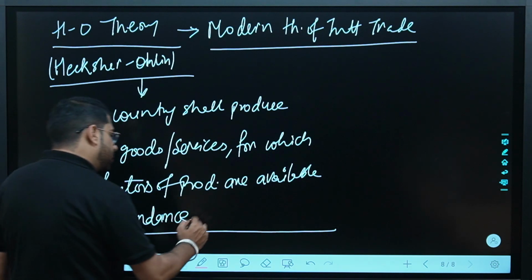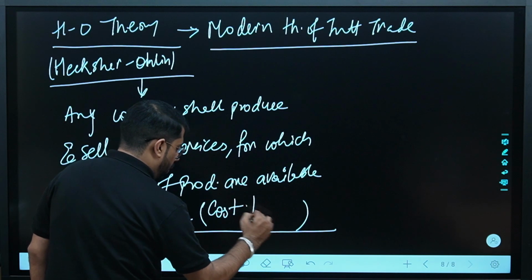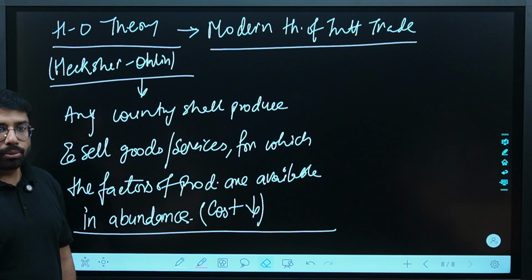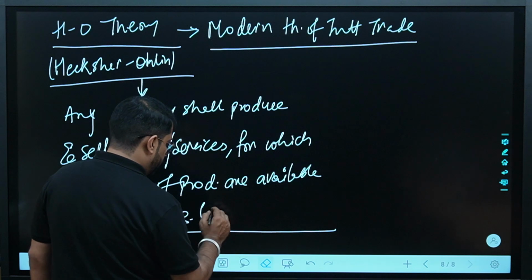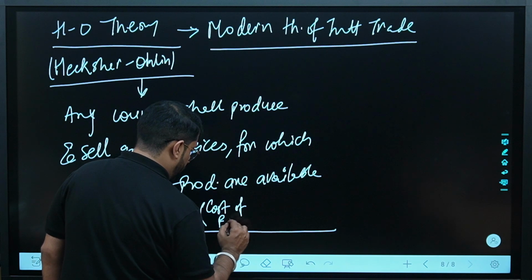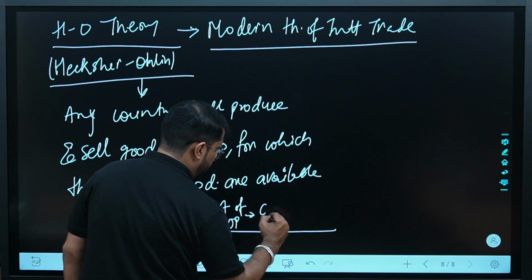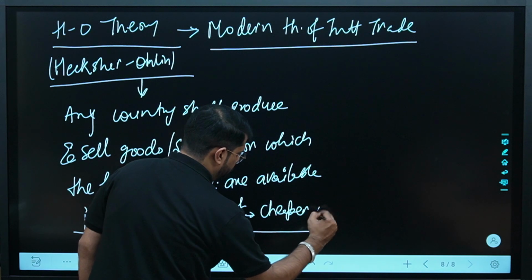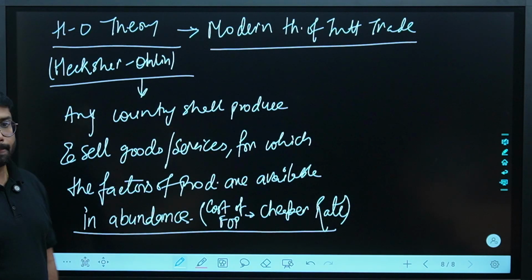Because when the factors will be available in abundance, cost will be less, it will minimize, because those factors will be cheaper. Let us write like this: because the cost of factors of production will be less, the factors will be available at a cheaper rate. Yes or no? Are we clear?